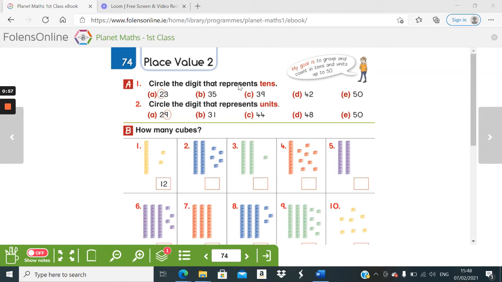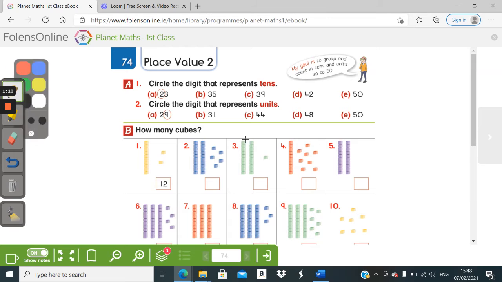At the moment, we're looking at tens and units, and tens are worth more than units. So we circle the digit that represents the tens. It's going to be the digit that is the furthest to the left.